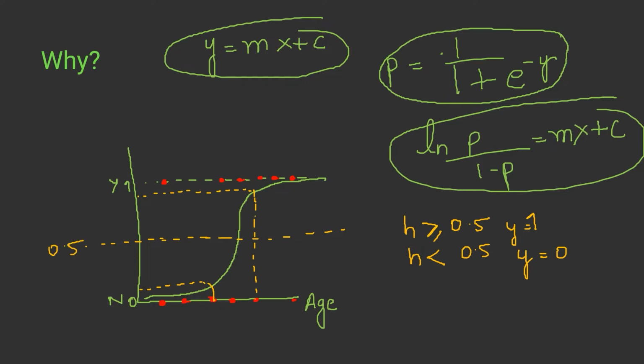Because logistic regression is a classification model, the values we predict can't be in a range from 0 to 100.